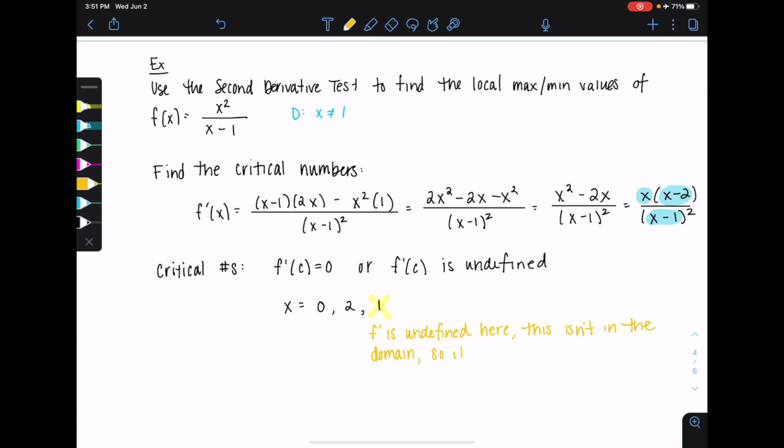So it can't be a critical number. Okay. It's still important for us, but it's not a critical number.